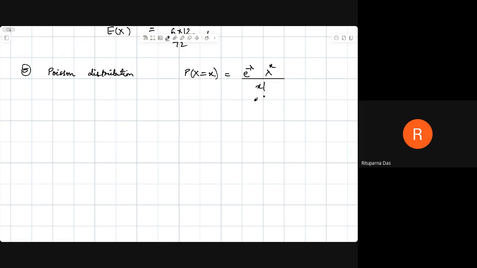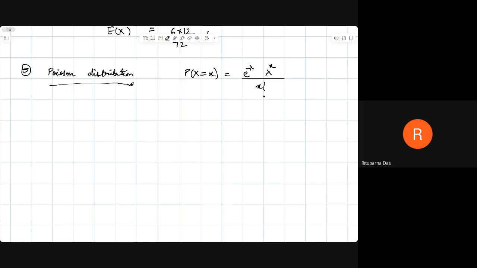When do we use the Poisson distribution? Use the Poisson distribution when the probability of success is small and the number of trials is very large. Basically, we want to count something within a fixed interval of time or a fixed interval of space.